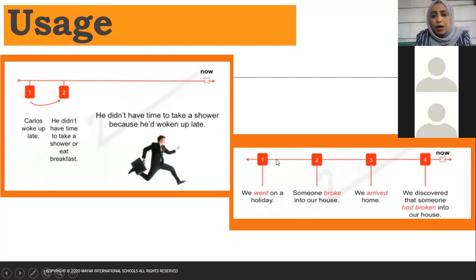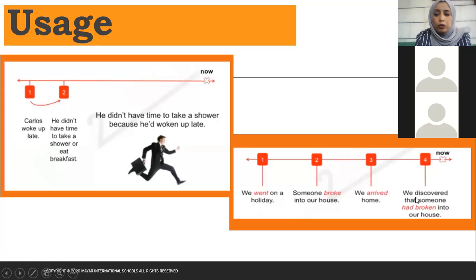So I have 1, 2, 3. And I want to express that we figured out that somebody broke into our house. So since this one happened before you arrived, you have to express it using the past perfect.